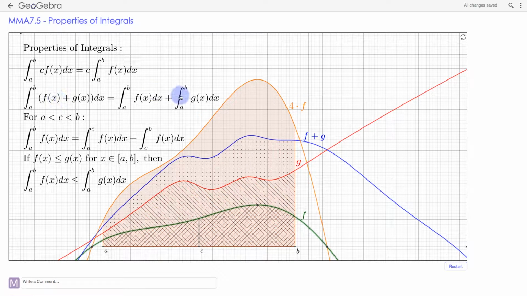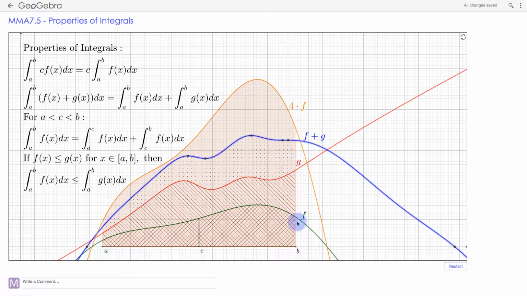The next property tells us that if we have two functions, so here we have an f and a g, then if we add these two functions, getting this blue function here, then what do we get? Well, we get a new function. If the two functions are integrable, then so is the sum.